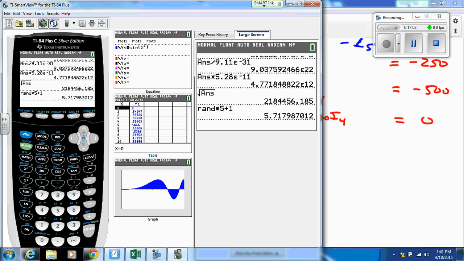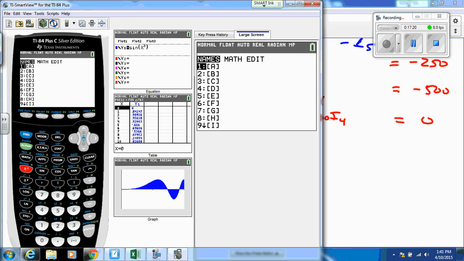What we're going to do, you're going to hit second matrix. Everybody see the matrix button right here above x to the minus 1? Right there. Yep. And that's going to give you the opportunity to do 3 things. You could do names, math, or edit. We're going to edit matrix A and after that matrix B. So go over to edit, and we're going to edit matrix A.